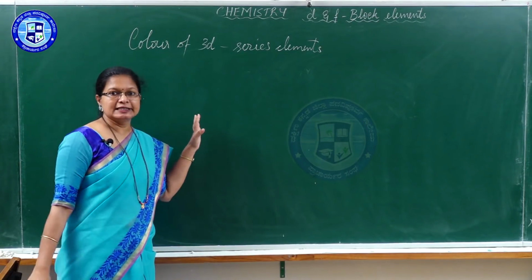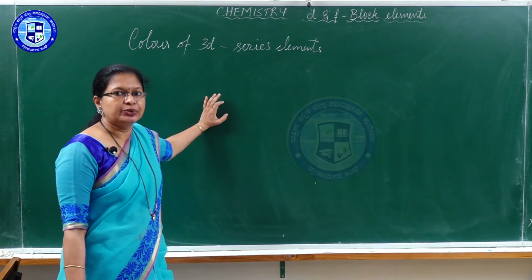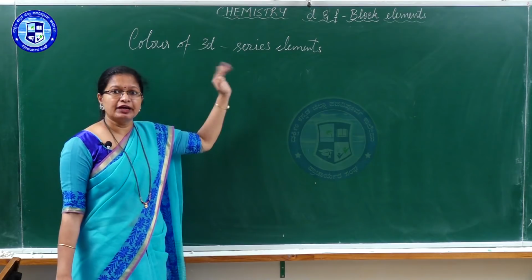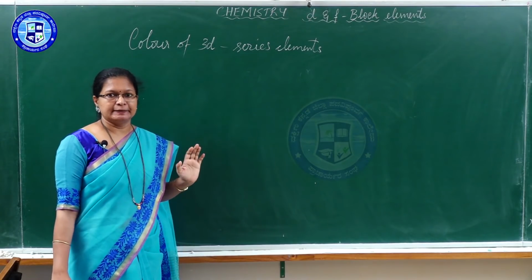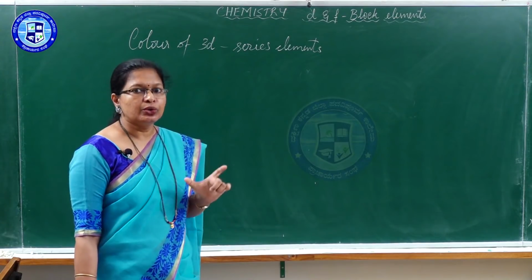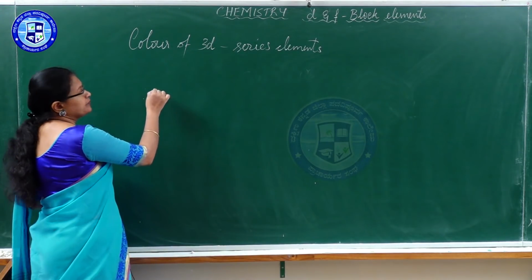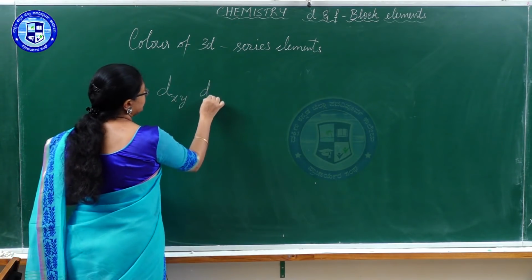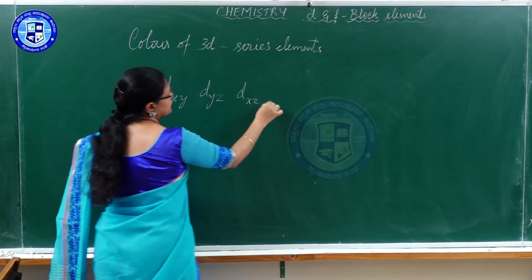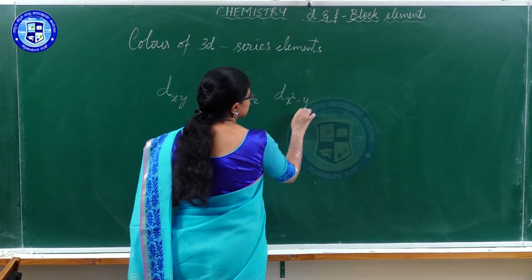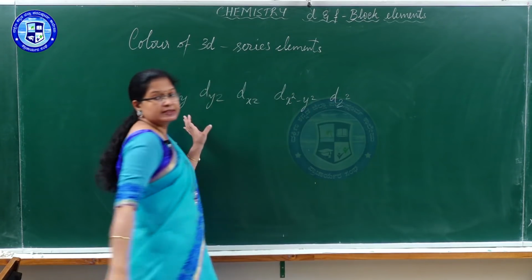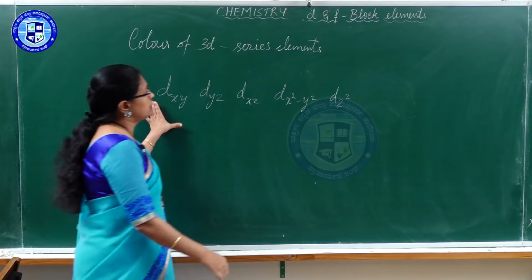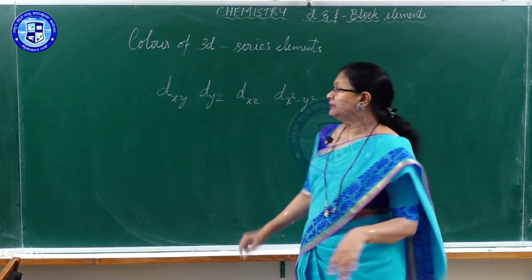In order to give a detailed explanation for the color of d-block elements, I need to take some basics from the coordination compounds chapter, which is in fact not required for d-block elements, but in order to understand, you need to know these basics. In the d subshell there are 5 d orbitals: dxy, dyz, dxz, and the remaining dx2-y2 and dz2. These 5 d orbitals, are they of the same energy or different energy? They are of the same energy.